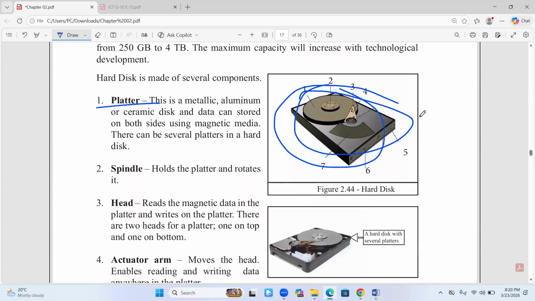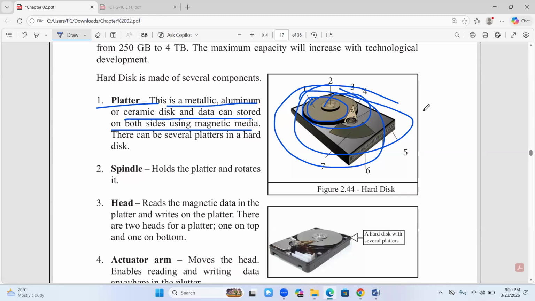The first one is the platter. This is a metallic, aluminum, or ceramic disk, and data can be stored on both sides using magnetic media. In this part we save the data and information.